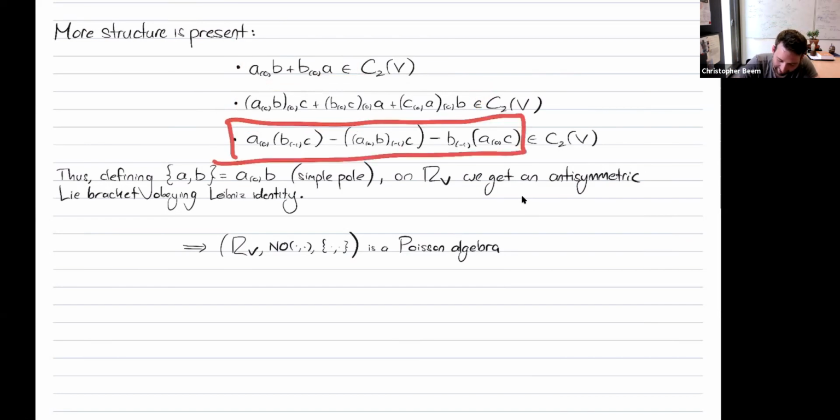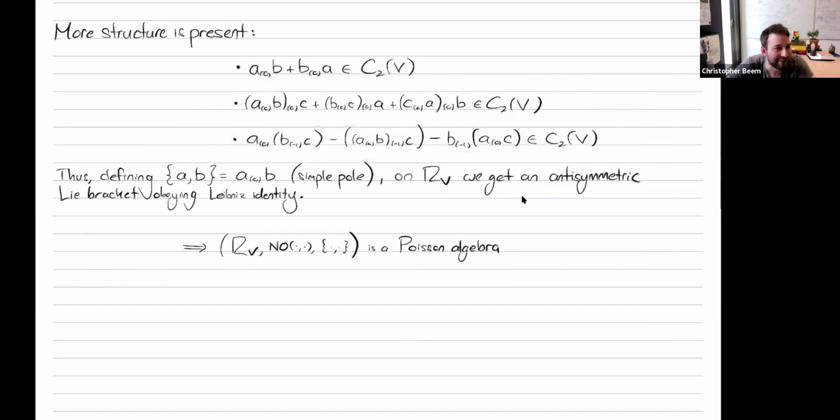And this quantity, which you might call the Leibniziator, which checks whether the Leibniz identity is satisfied between the simple pole operation and the normally ordered product, is in C2 of V. That means that the simple pole operation modulo C2 of V defines a Lie bracket which satisfies the Leibniz identity, so the whole Zhu commutative algebra gets the structure of a Poisson algebra. So there's a canonical Poisson algebra associated to every vertex algebra. And in a strongly finitely generated vertex algebra, this will be a finitely generated Poisson algebra.